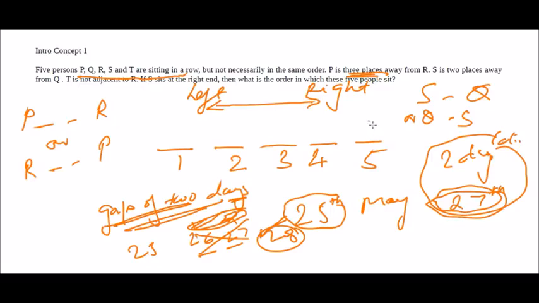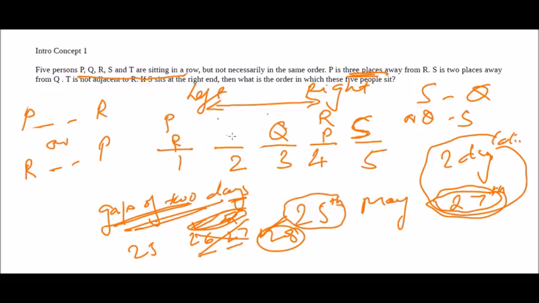So the best way to start is start with S. Now we also know Q is 2 places away from S. So I'll leave one gap, Q, S. Now we have two scenarios, P and R or R and P. So you can put P here, 3 people, R, or you can have R and P. One of these two will be the case.